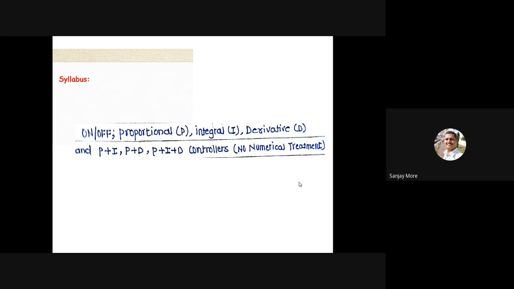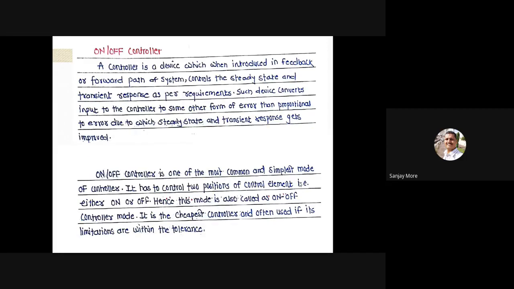So write down this syllabus under the heading modes of control. Then the first point, on off controller. Give the heading on off controller.